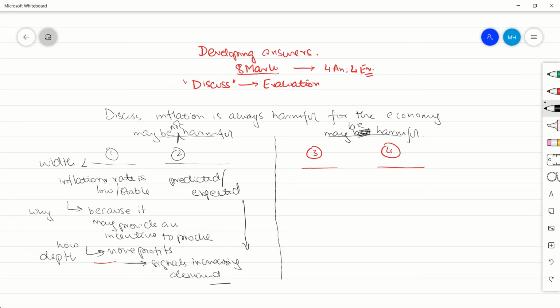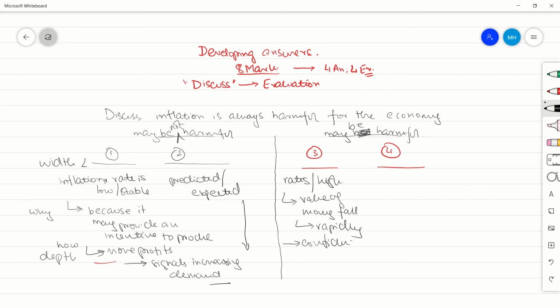Inflation may be harmful because if the rates are very high, such as hyperinflation, what does it do? The value of money will fall rapidly. How is that a bad thing? Why is that harmful? Because people may lose confidence in money.